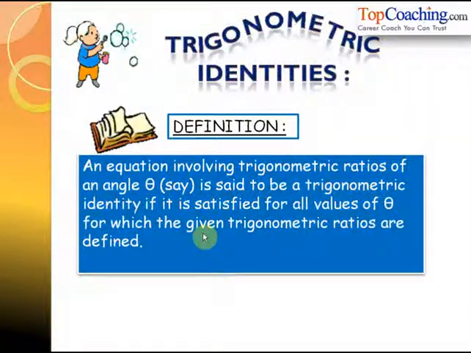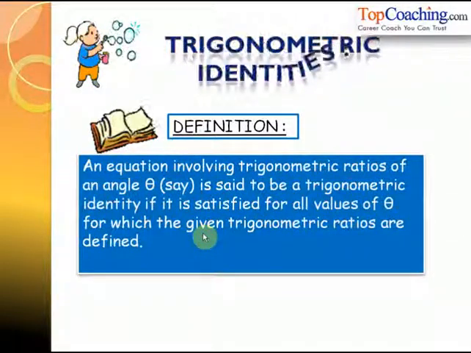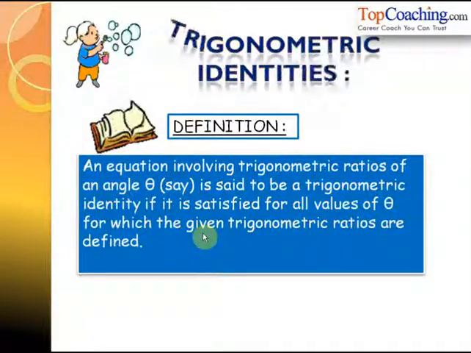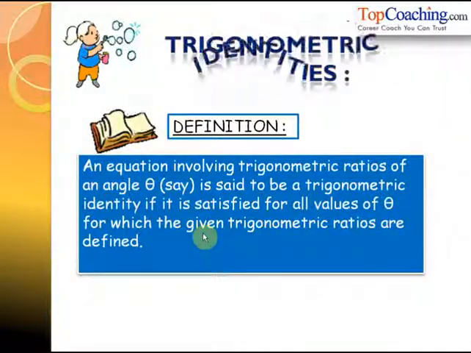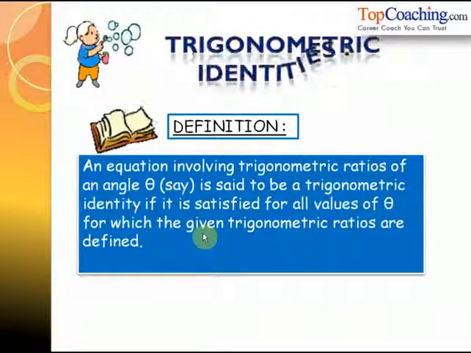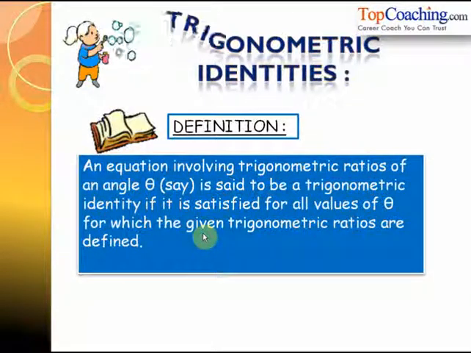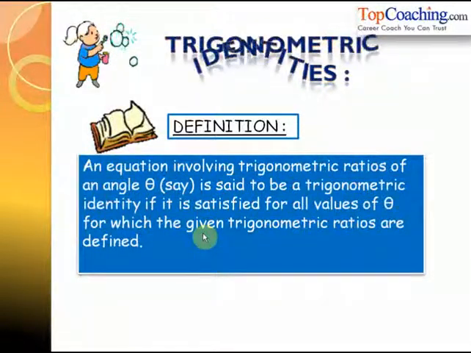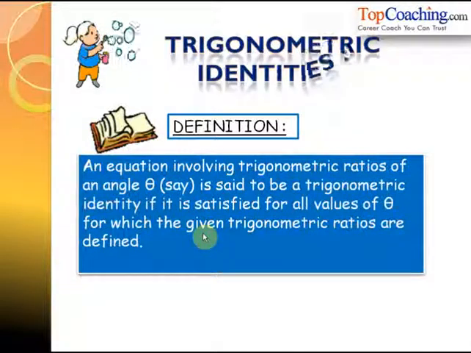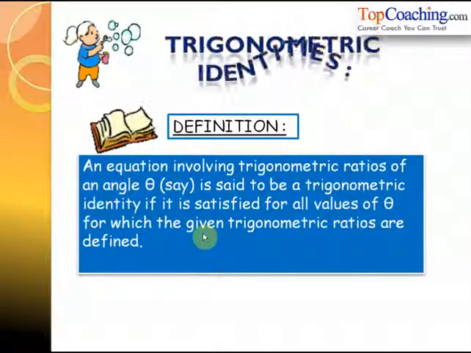So a trigonometric identity is the same as any other identity. Here we have a trigonometric ratio for any angle theta, and if we put any value of this theta, such an equation is always satisfied, and so this equation becomes a trigonometric identity. It involves trigonometric ratios such that if we put any value of theta, then that equation is always true.